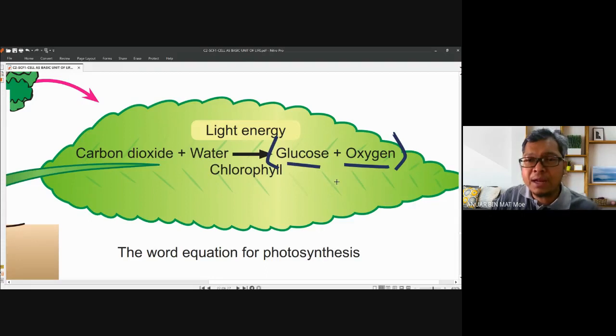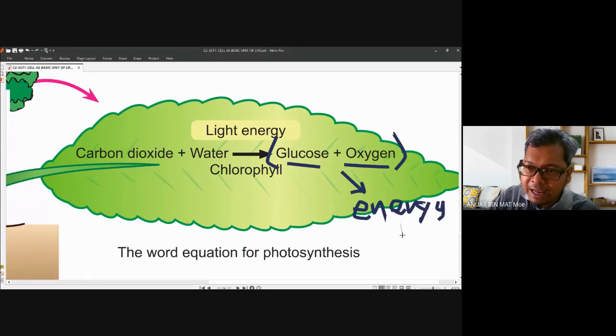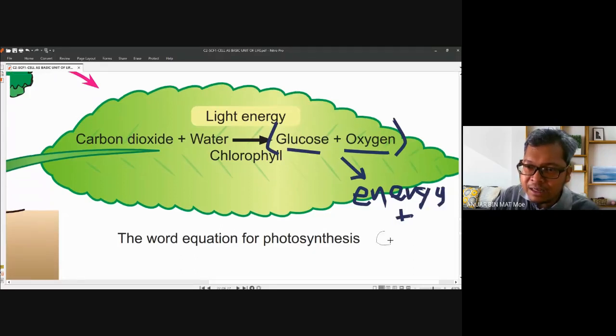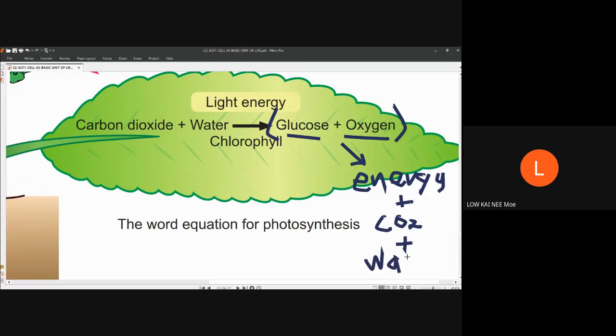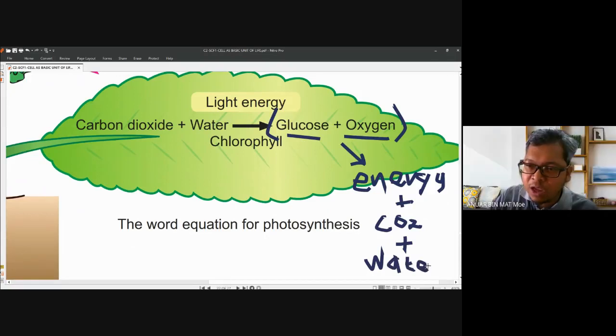Respiration requires glucose and oxygen, and then it will turn into energy, and carbon dioxide and water.